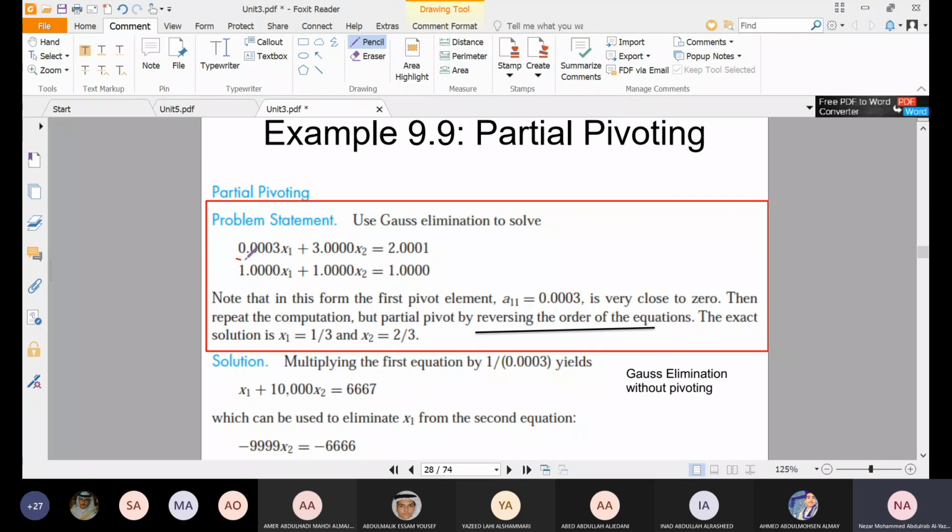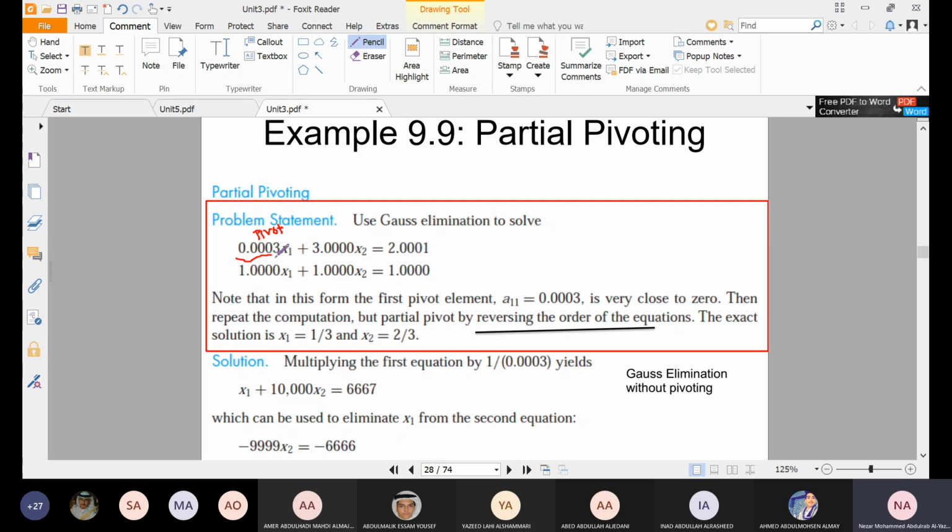If you look at this coefficient, in Naive Gaussian elimination this should be the pivot element, because we consider the first coefficient in the first row, in the first column, to be the pivot element.